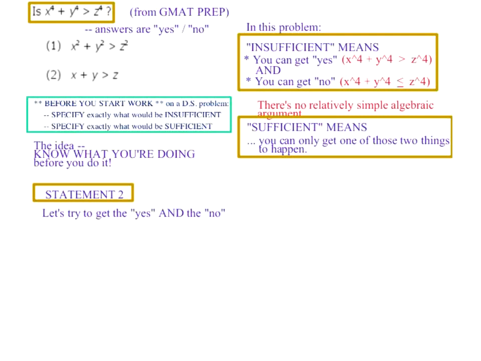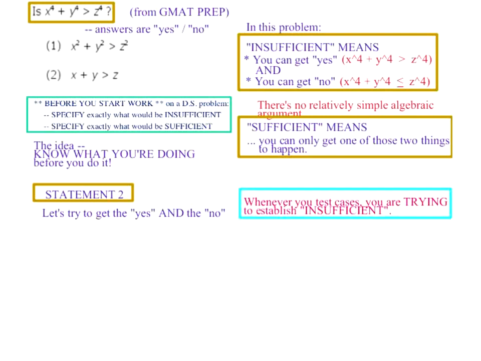You're trying to get insufficient, because you can't prove sufficient except by running out of cases, or by establishing a pattern that's going to continue beyond all doubt. On the other hand, insufficient is just, oh, hey, I got two answers, so boom, I'm done. So that's what we're trying to do.